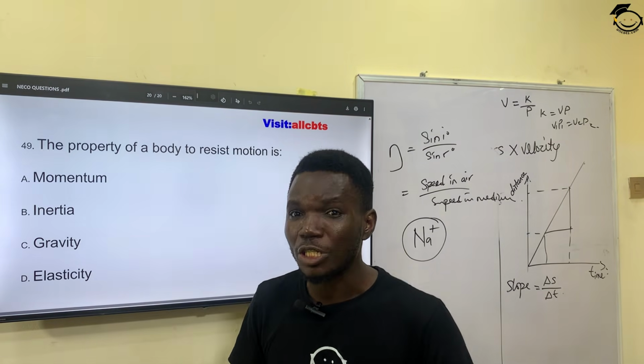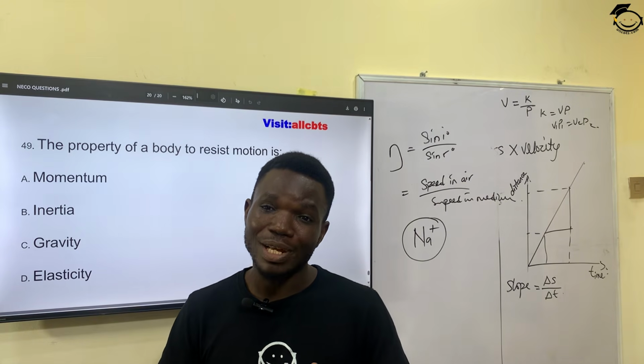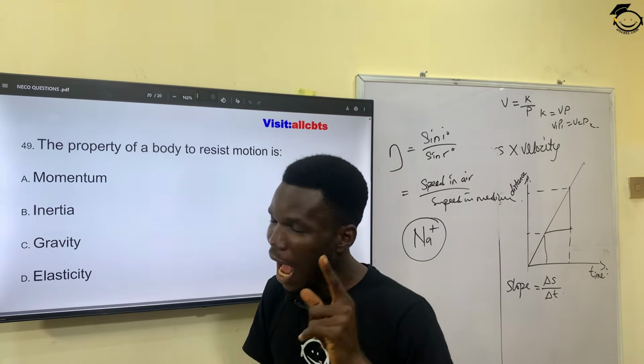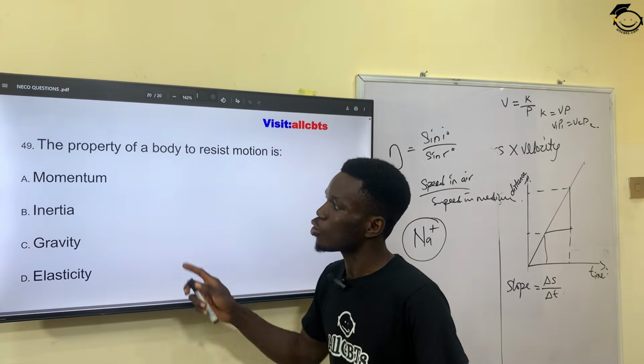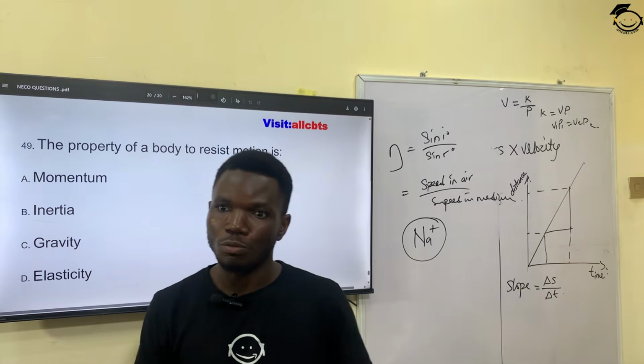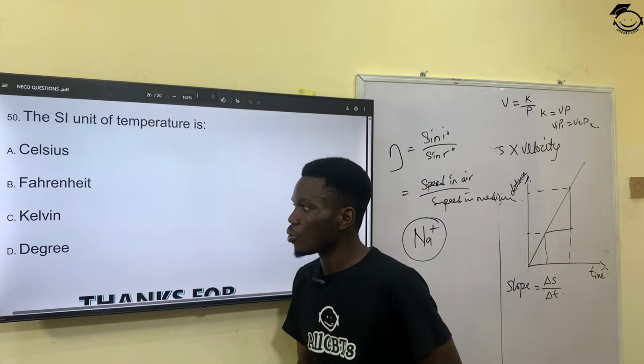Which means that this body will remain exactly where you have kept it. If you leave it for 10 years, it will remain there so long as no external force acts on it. This is the property of the body to resist motion, and it's called inertia, which is option B.